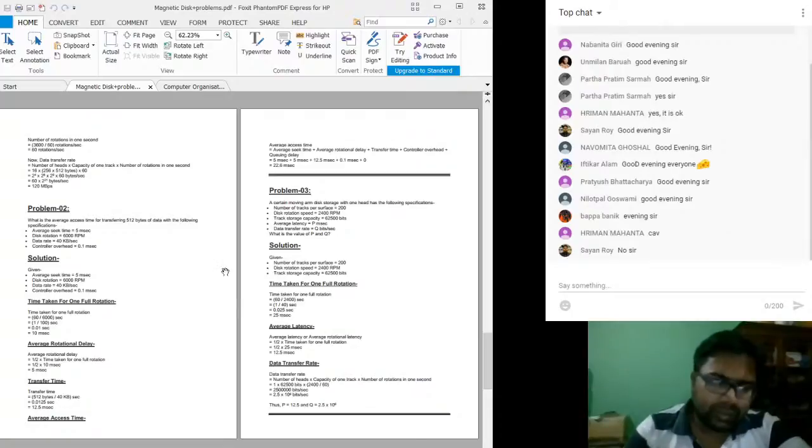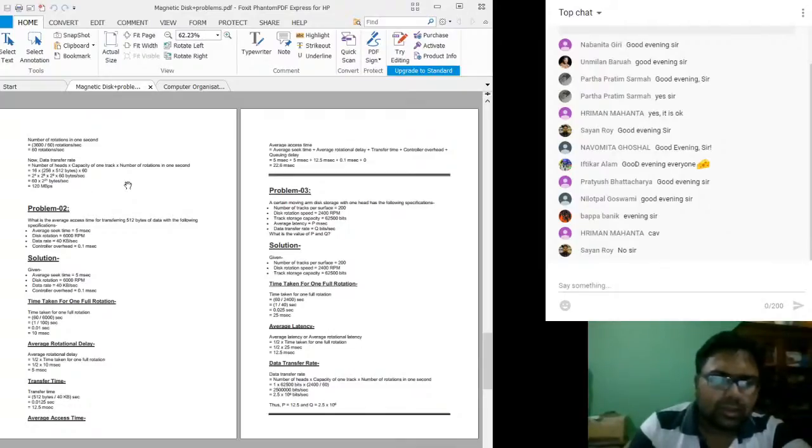You can find the rotations in 1 second: this will be 3600 divided by 60, and then you multiply this with the capacity of the track and with the number of heads. If you multiply it, you straight away get 120 mbps. This will be the data transfer rate of the disk.